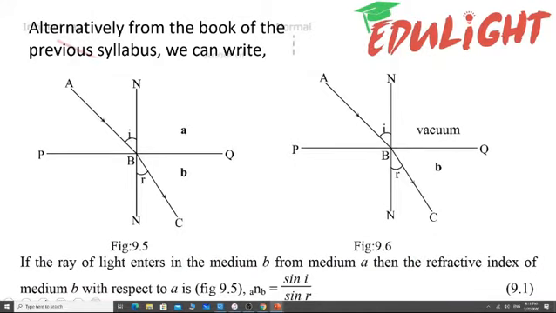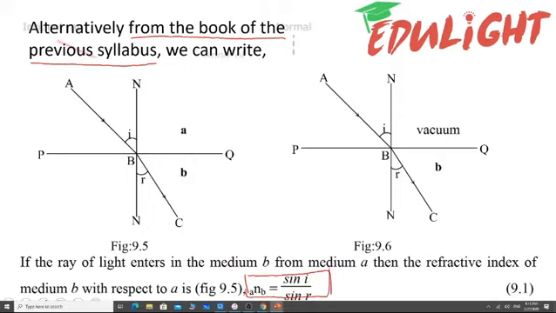Now I have written here that, alternatively, from the book of the previous syllabus we can also define Snell's law in this form, a eta b. What does a eta b mean?